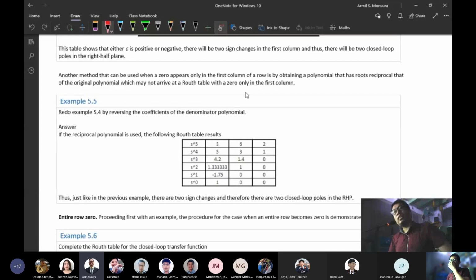Ang gagawin natin ay ganito. Kung meron tayong polynomial at may roots siya, pag kinuha natin yung reciprocal ng roots natin, hindi napapalitan kung nasaan naka-locate yung poles natin.